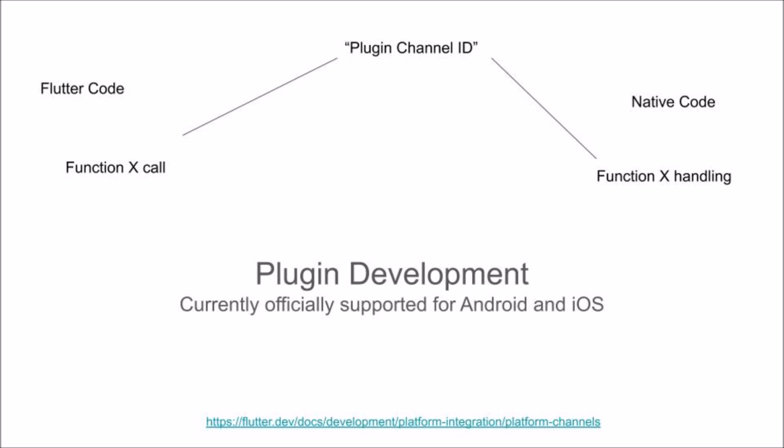Then from Flutter code you execute function X and you expect some specific result, and you call it on this channel ID, on this socket. And thanks to the async, reactive nature of the code, you won't block the user workflow.